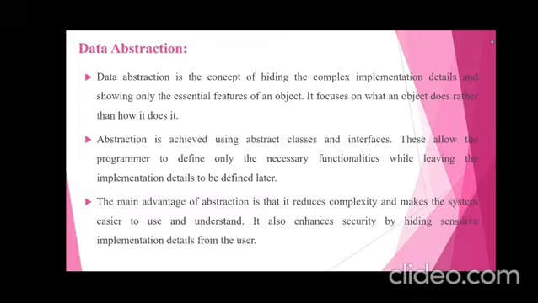By hiding unnecessary details, the system becomes simpler and users can focus only on the important features without worrying about how everything works internally. Important internal logic is not exposed to the user, which helps protect the system from misuse or unauthorized access. So abstraction simplifies the system and improves security by hiding internal details.